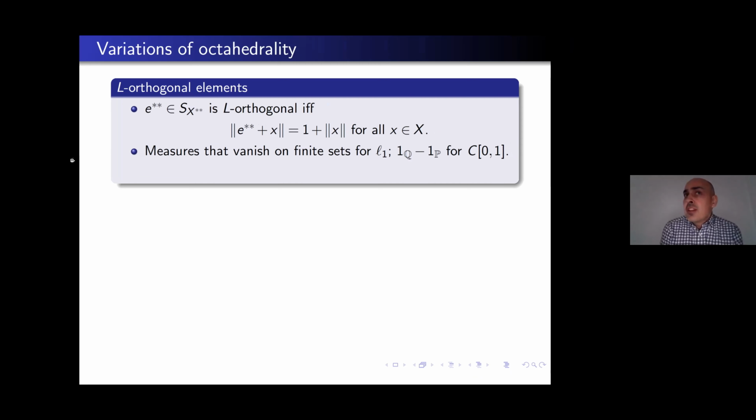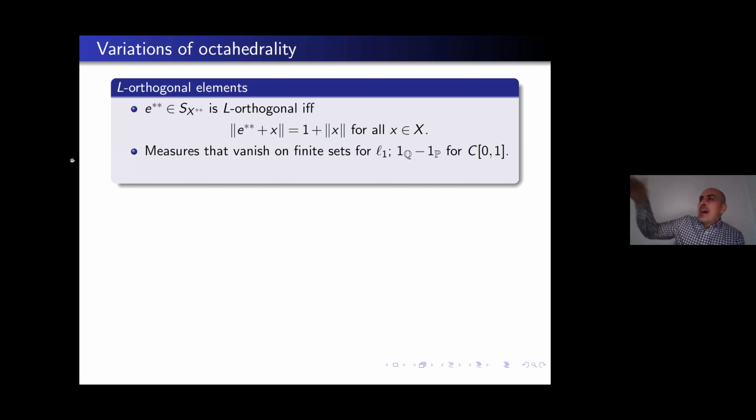You can view it as an element of the bidual, because the dual of C[0,1] is the Borel measures, and I can integrate this kind of Borel function against each Borel measure, and it provides an element of the bidual.